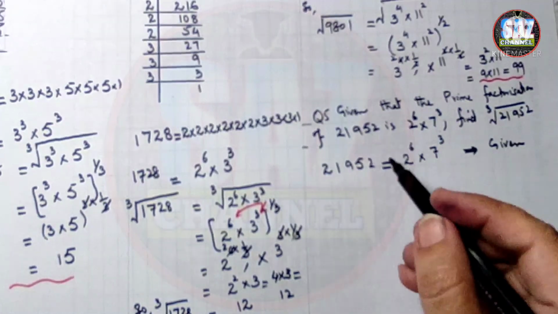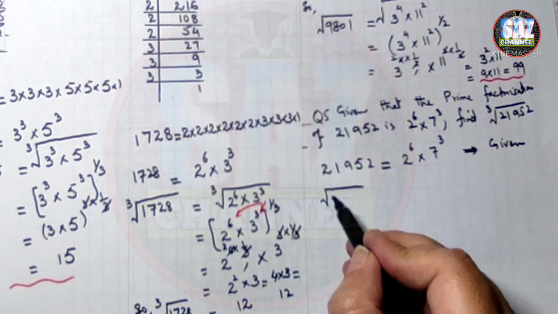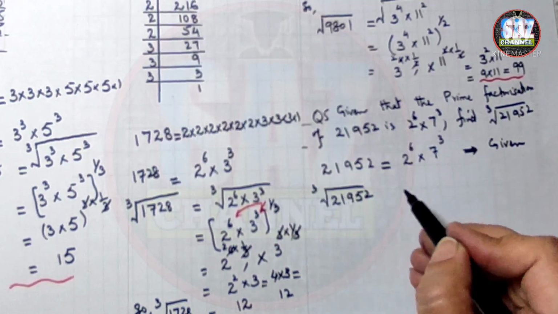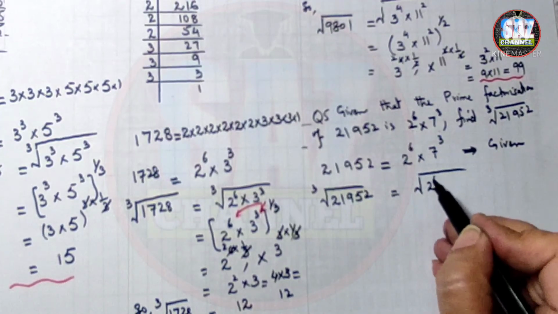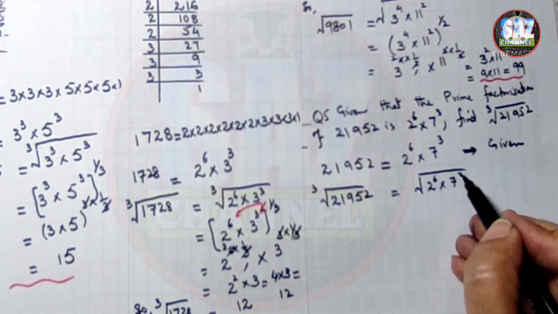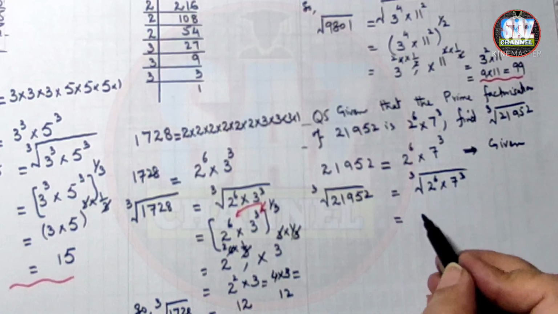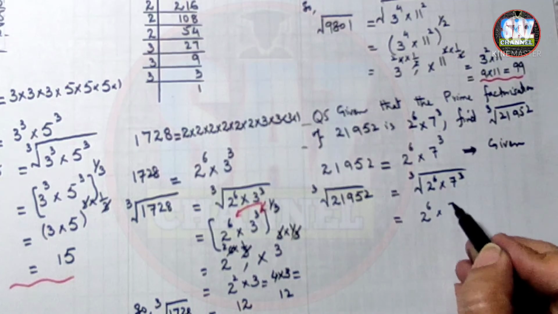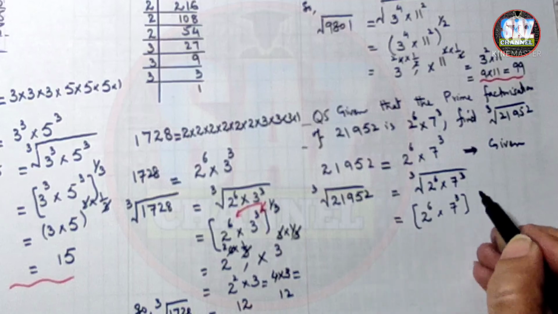Half of the working is done, and now we have to find the cube root of 21,952. Then on this side, 2 raised to power 6 multiplied by 7 raised to power 3, and this is a cubic root. For the calculation purpose, I have to turn this power 3 into the form of a fraction.